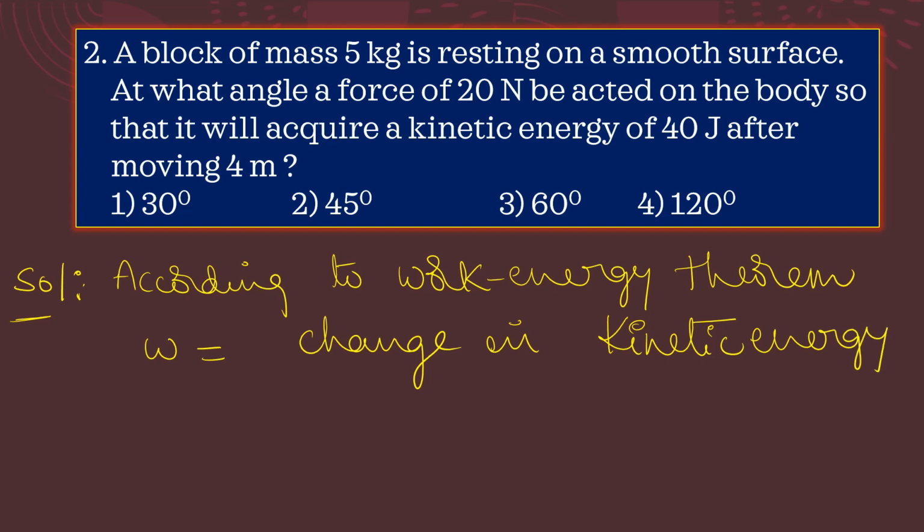So, W can be written as Fs cos theta, that is equal to half mv square minus half mu square.